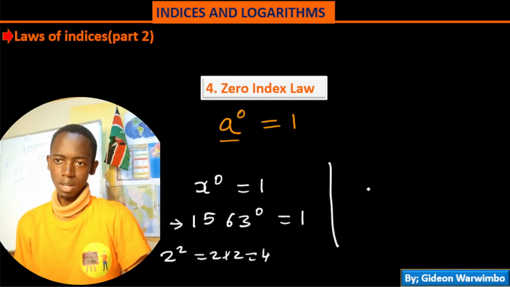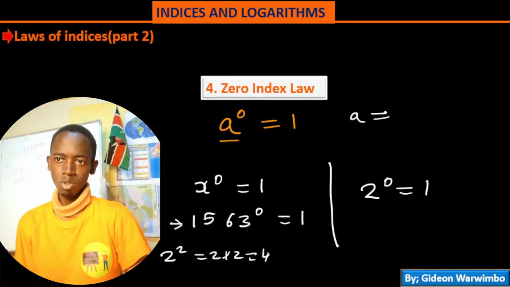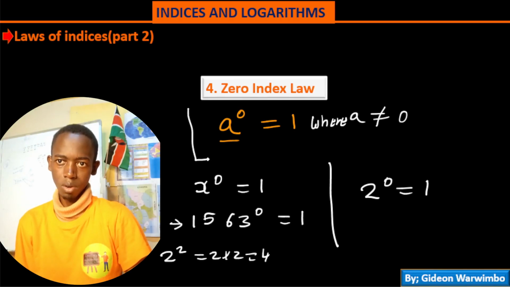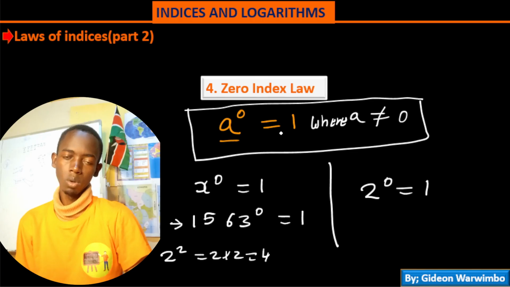Even for a case like 2 to power 0, that should always give you a 1 also. But this formula does not apply when a is equal to 0. So the only exemption that we have is this one. So it's important to note that the zero index law suggests that whenever you've got any number a to power 0, it will always be equal to 1.